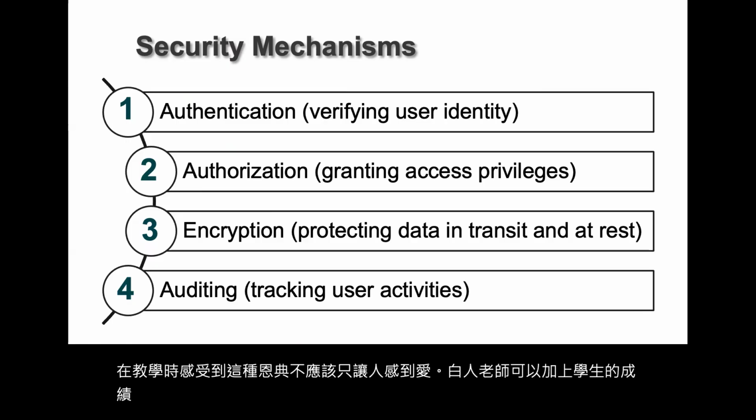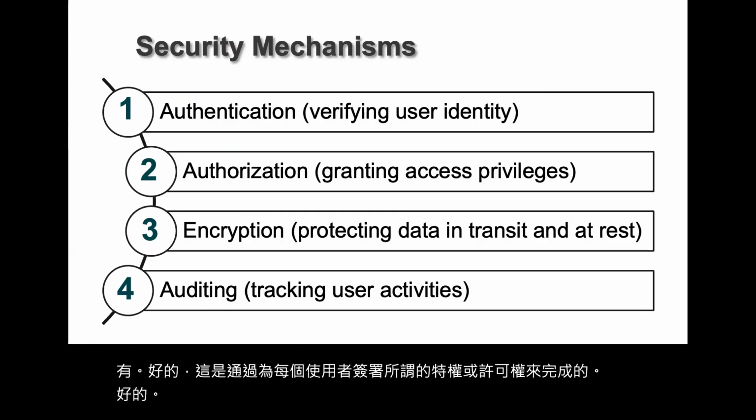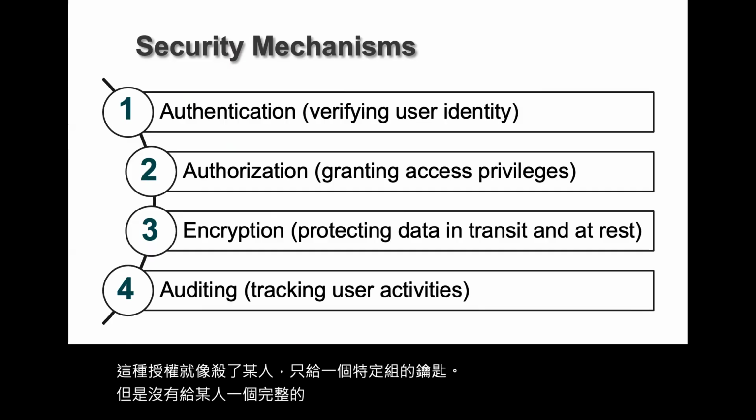This is done by assigning privileges or permissions to each user. It's like giving someone a key to only a specific room, but not a key to the entire building. So that is authorization.